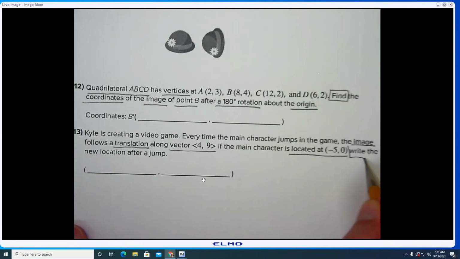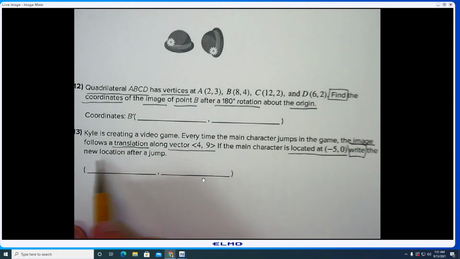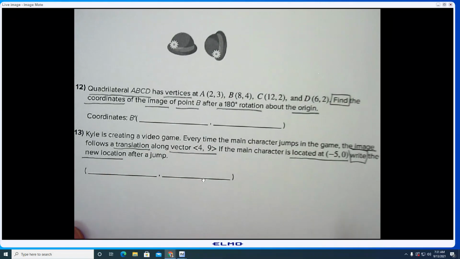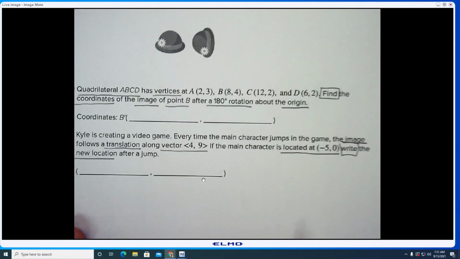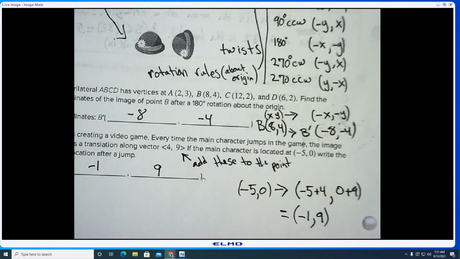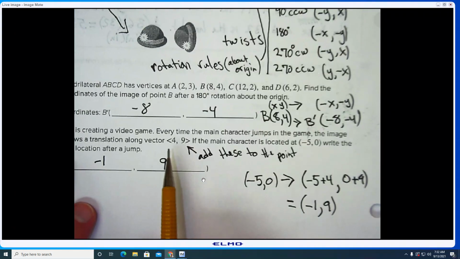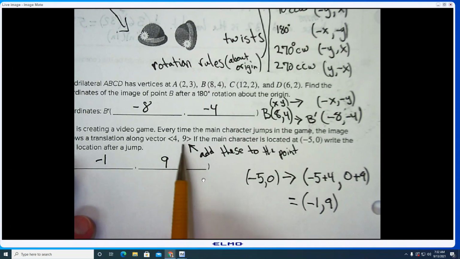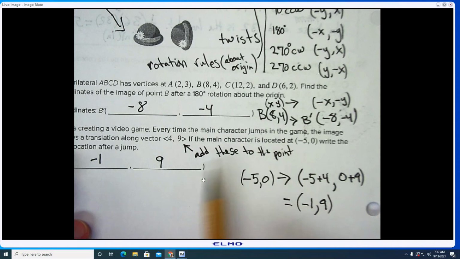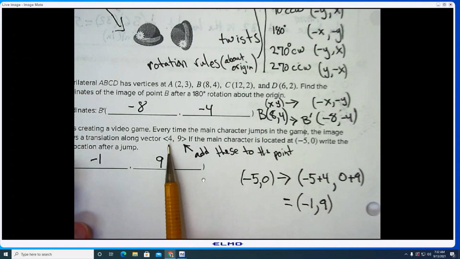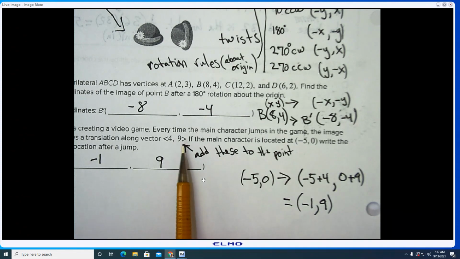They're asking us to write the new location after the jump. A vector means you're adding or subtracting these numbers to your point. That moves it up, down, left, and right. The x moves it up or down, up positive, down negative. The 9, or the y component, moves it to the right positive, to the left negative.